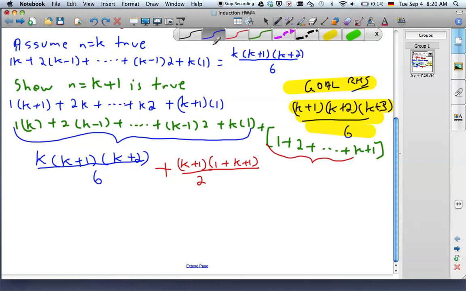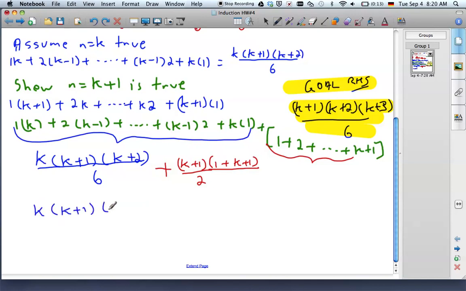Let's have a look. So k times k plus 1 times k plus 2 over 6. Not much we can do there, but here, let's make a common denominator. So we'll multiply top and bottom by 6, and we'll end up with 3 times k plus 1 times k plus 2 over 6. All right.